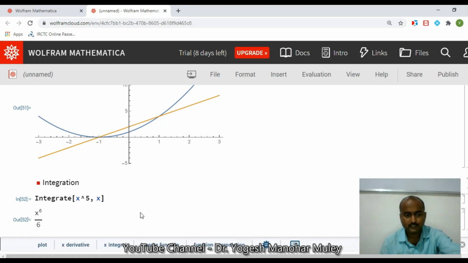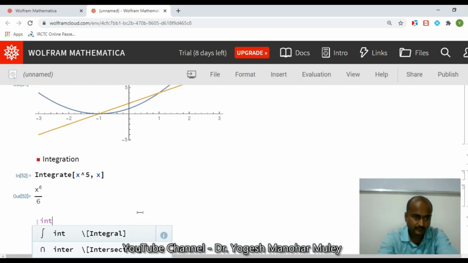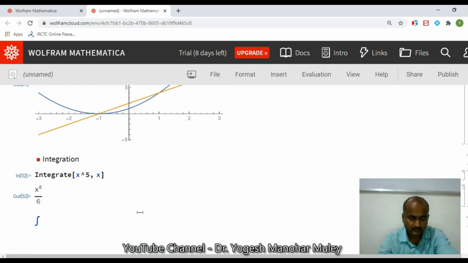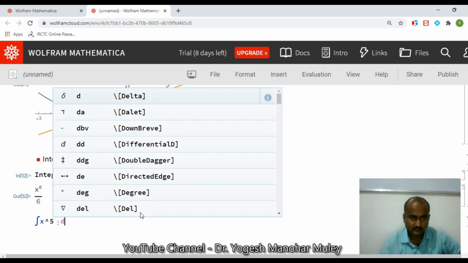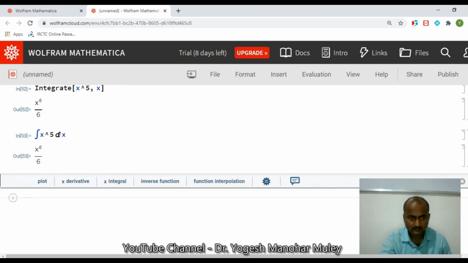Instead of this we can use the symbol. For that we need to press the escape button, int, escape, then the integration template, then x raised to 5, then again space, escape, d, escape. This will give the differential d x, then shift enter. This will give the integration.